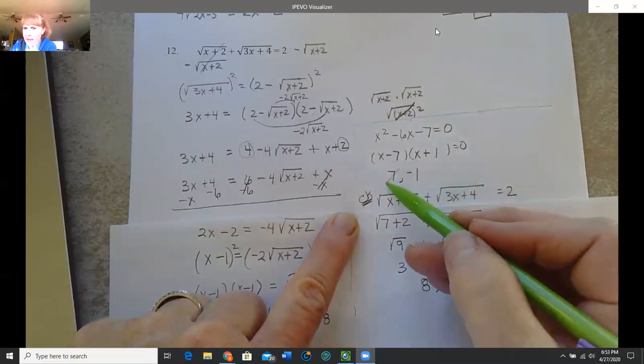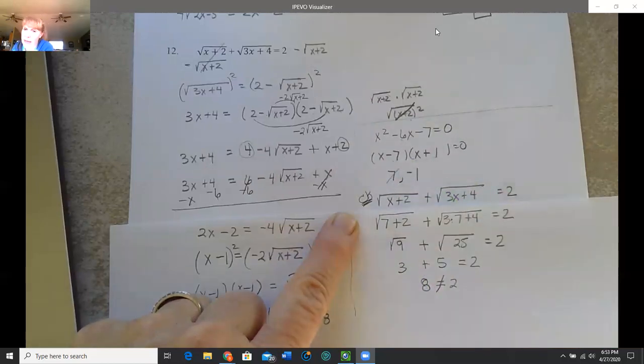Therefore, 7 is not a solution because 8 does not equal 2.